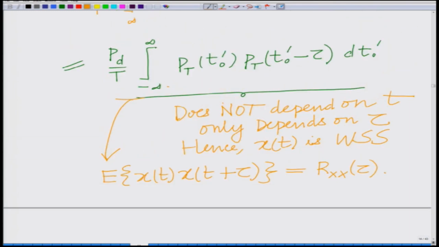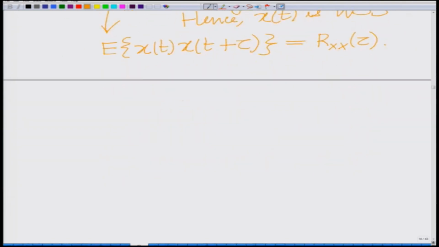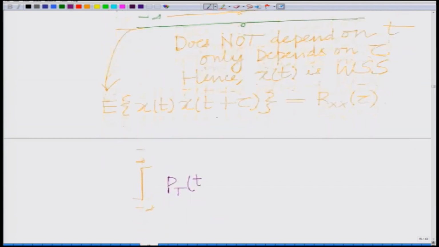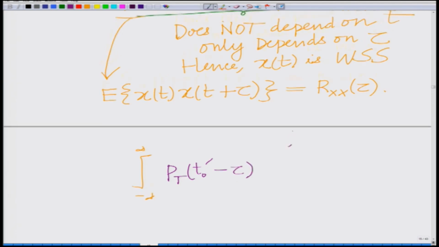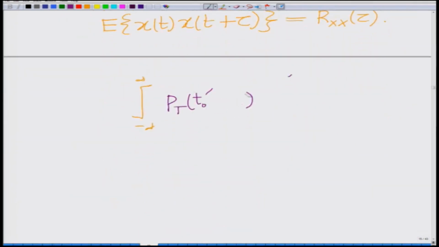If you look at this integral from minus infinity to infinity of p t naught prime into p t naught prime minus tau, where t naught prime is simply a dummy variable.